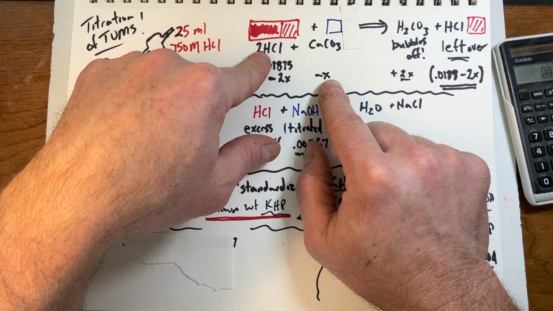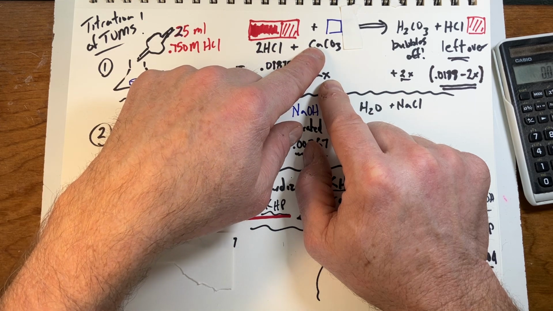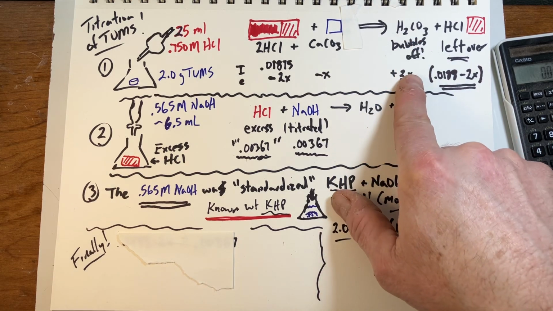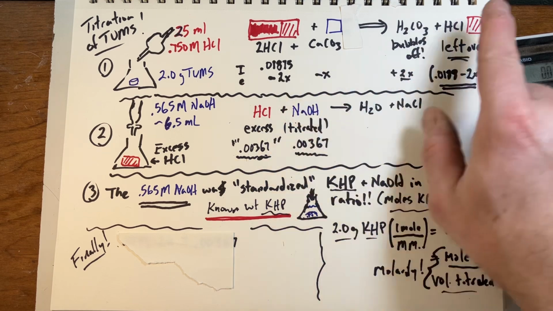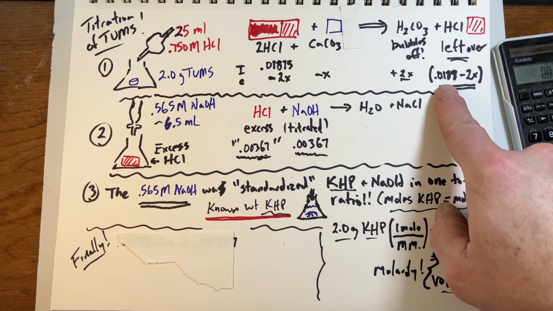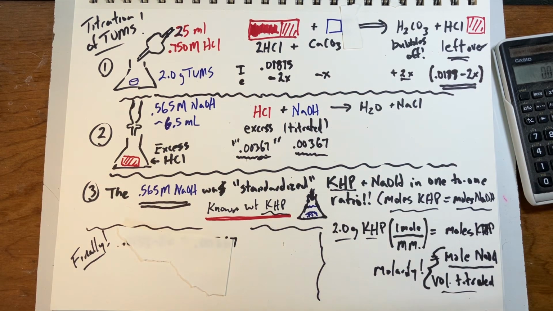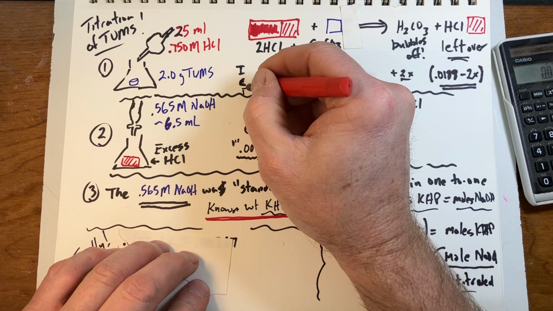Twice as much of the HCl needs to react with calcium carbonate. And I know that I would make 2X of the carbonic acid, but I'm not really worried about that. But this is key: when that reaction's done, I would have leftover HCl. How much? This would be like your change and your final amount at equilibrium.